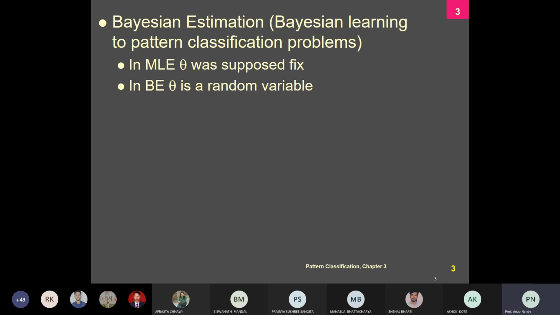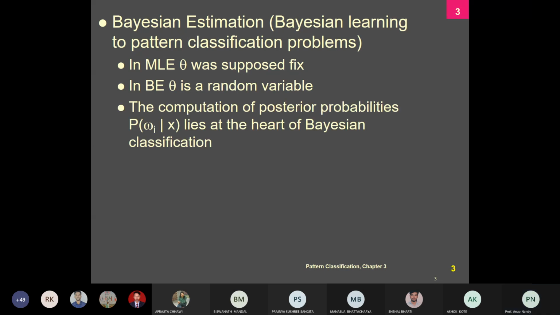But in Bayesian estimation, theta is a random variable, and the training data will allow you to convert a particular distribution of a random variable, because every random variable will follow a particular distribution. Now it will convert the distribution of a variable into a posterior probability density.